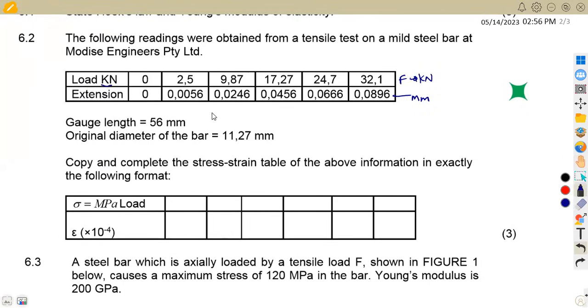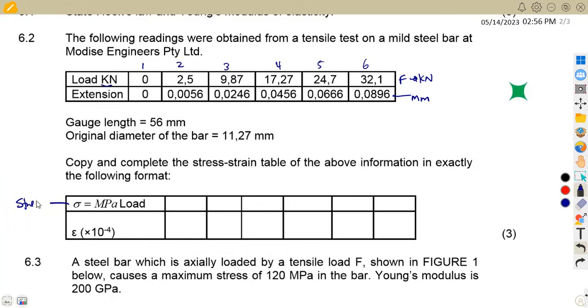All right. So the first part that you're given, we've got readings, that's 1, 2, 3, 4, 5, 6, which corresponds with this table that you're given. You're asked to copy and complete the table of the above information in exactly the following format. So here we have our stress on the table.